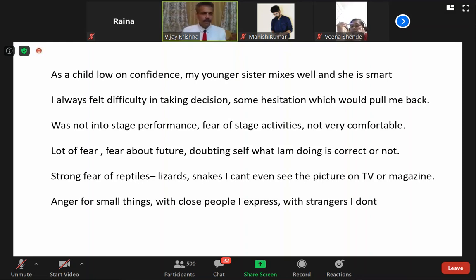She was talking of reptiles in general, and when I asked her what exactly you mean by reptiles, she was talking of lizards, and more importantly, she was very much scared of snakes, to the extent that even if some scene is coming on TV, some movie, some Nagin serial, some Nagin movies, she would ask them to either switch off or change the channel. Even in magazines, she could not see the image of snakes.